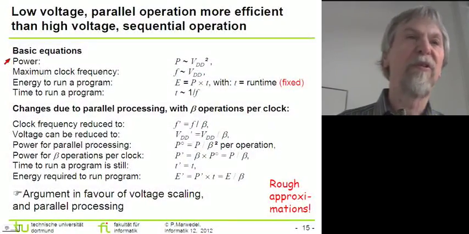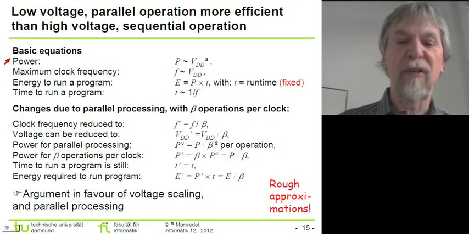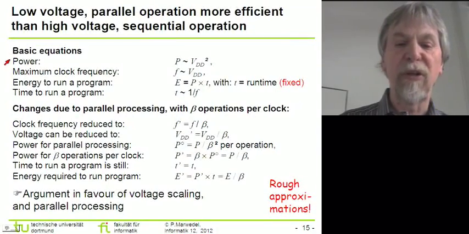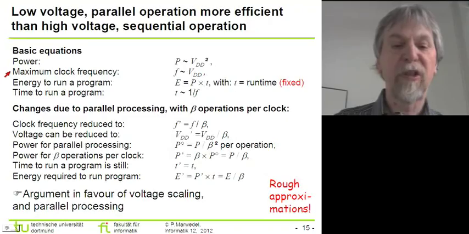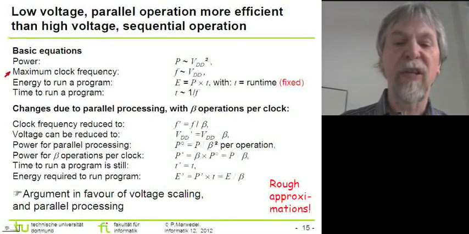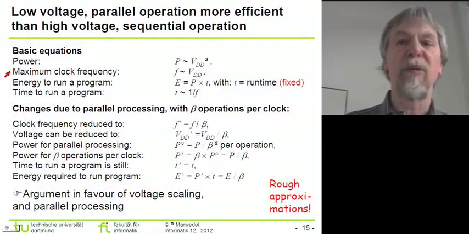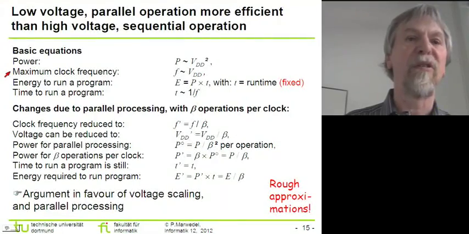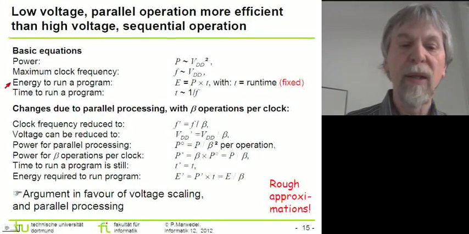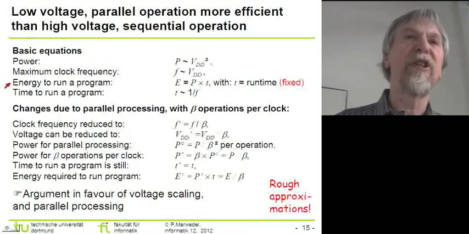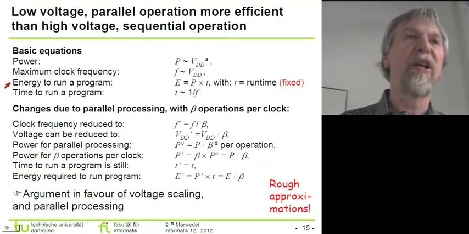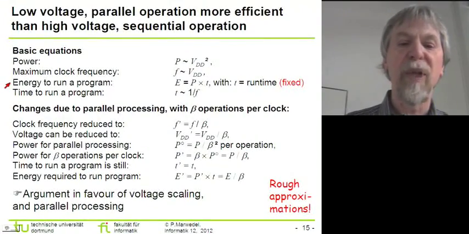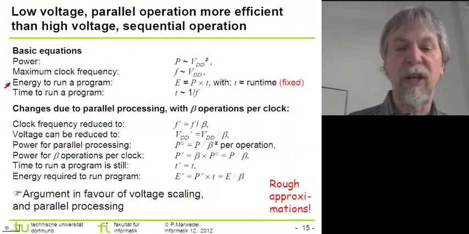We start with the equation reflecting the dependence of the power on the voltage. We also start with the equation that tells us that the clock frequency that we can use depends linearly on the supply voltage. Then we assume that initially we are executing a program, only one operation at a time.